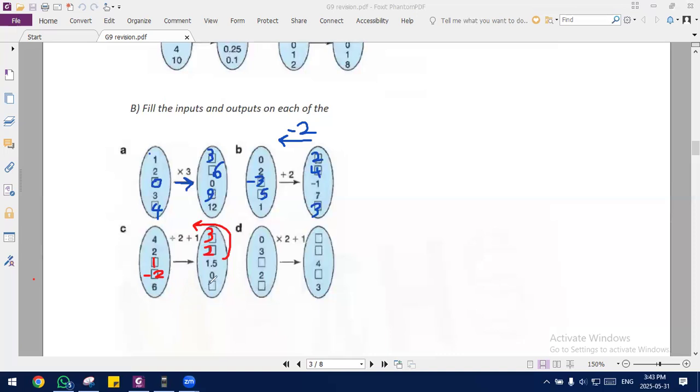Then add 1, which is 4. Yes. Next. 0 multiplied by 2 is 0. Plus 1 is 1. 3 multiplied by 2 is 6, and then added by 1, 7.